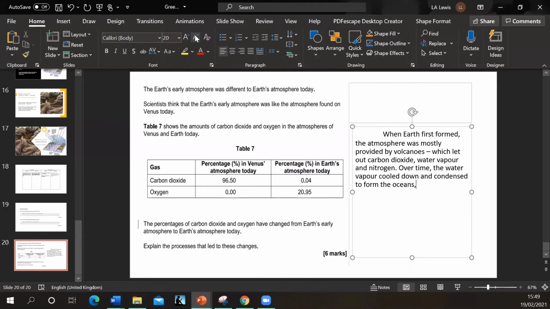The carbon dioxide in Earth's atmosphere dissolved in the oceans. This lowered the amount of carbon dioxide.